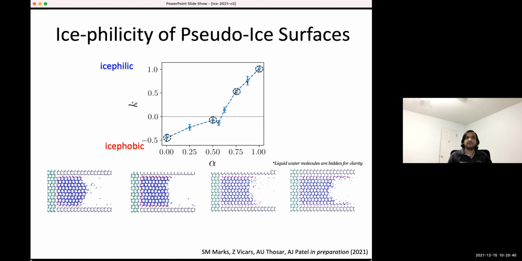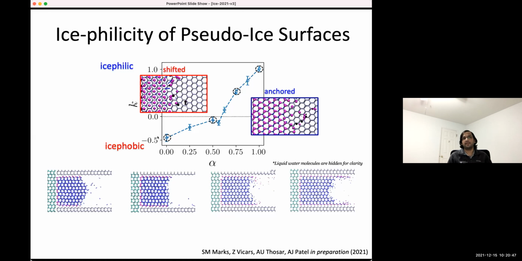Interestingly, these two regimes that we see, a sharp drop in icephilicity and then a more gradual drop in icephilicity, has to do with a change in the water molecules between the surface and ice. So you see these water molecules in pink here. These are the water molecules I'm showing you here. For surfaces with high values of polarity, these water molecules that bridge the surface and the ice are all in registry with the ice lattice and call them anchored.